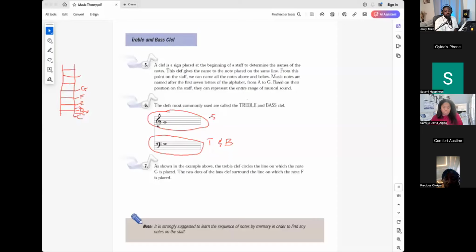And then soprano and alto on the treble clef. So this is what it's going to look like to help you be able to focus on what matters to you.